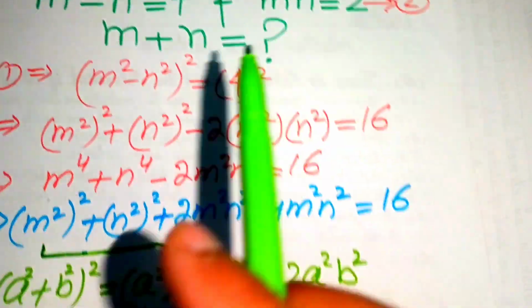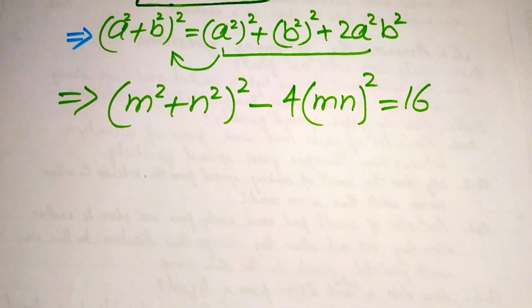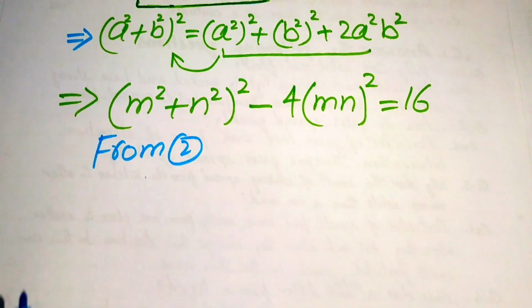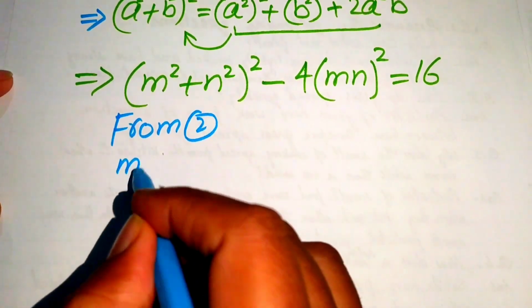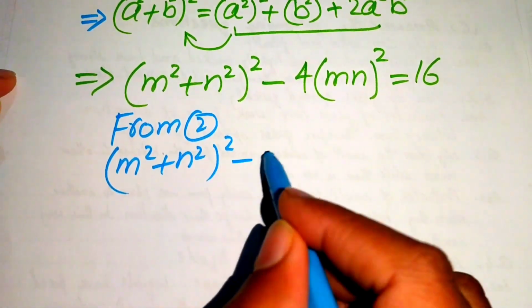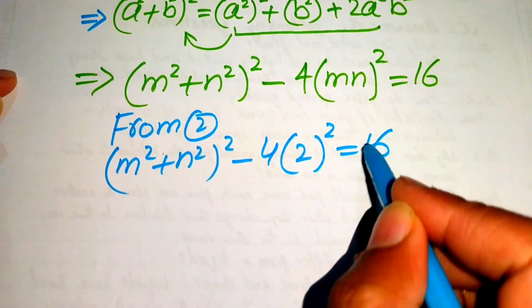So we use equation number 2 here, and from equation number 2 we have m square plus n square and its whole square minus 4 times 2 and its whole square equals 16.